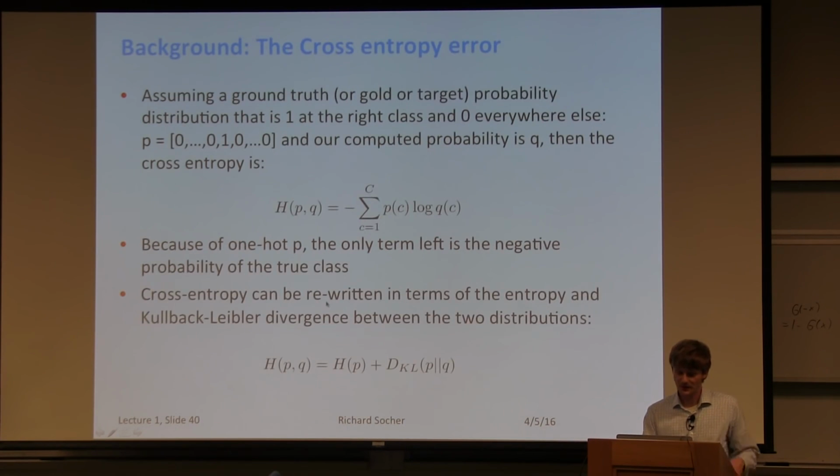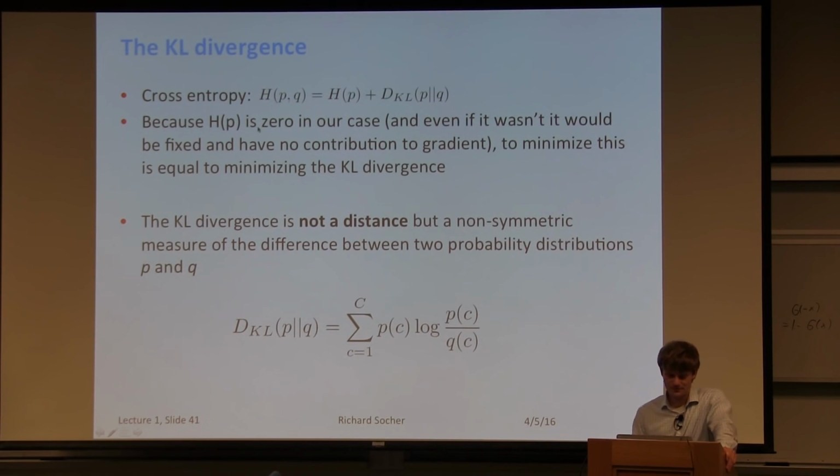Essentially, the entropy of P is again 0 in our case, because it's a negative sum over the probability of each class times the log of that probability, and either the probability is 0 or the log is 0.